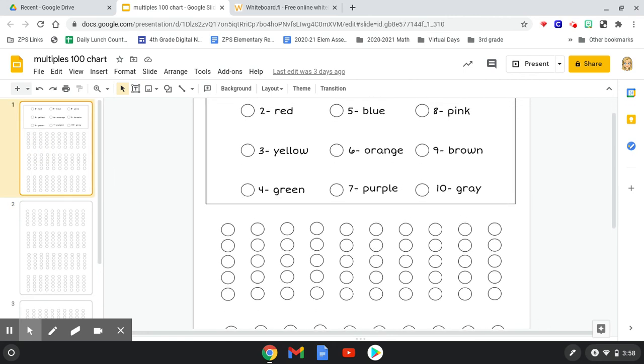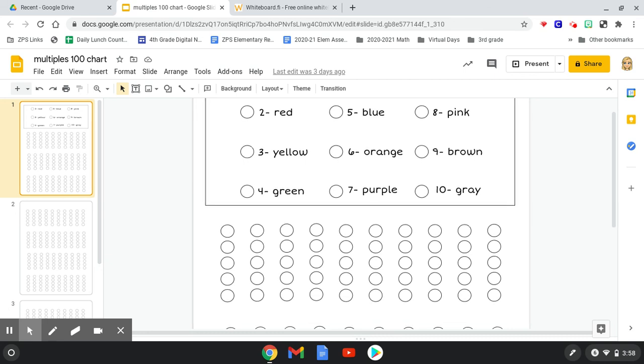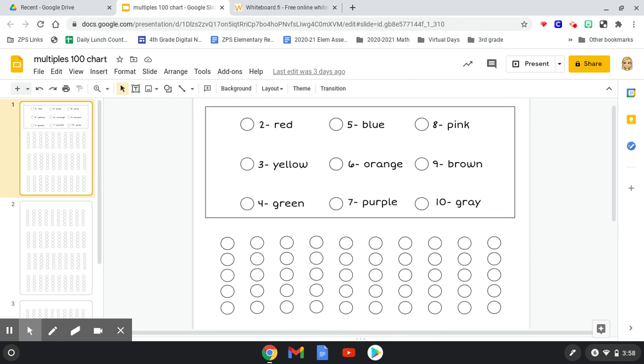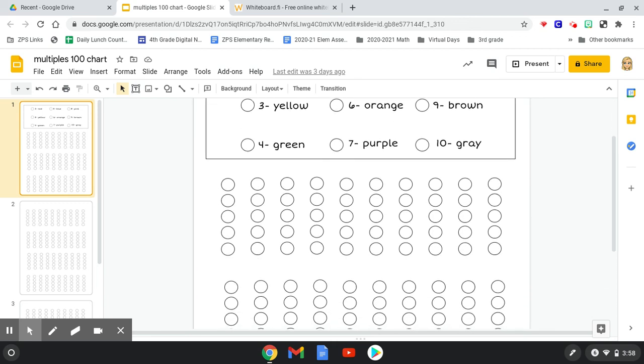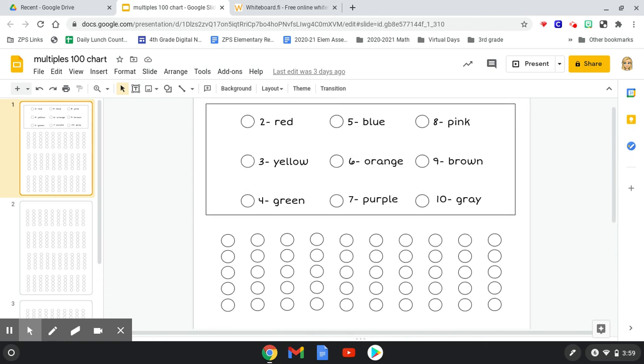And here's what I want you to do. I want you to start by counting by 2s using the color red. So for this part, I would color this dot since that's a 2. I would color this dot since that's 4, then 6, then 8, then 10. I would count by 2s using the color red until I get to the bottom of the page. Then I would do the same for 3s.